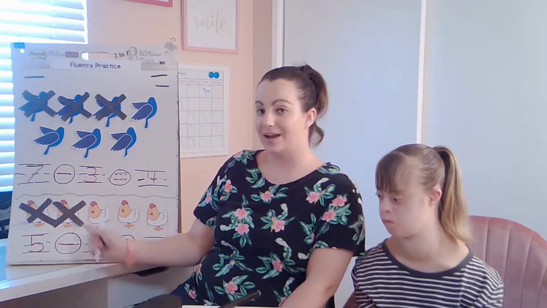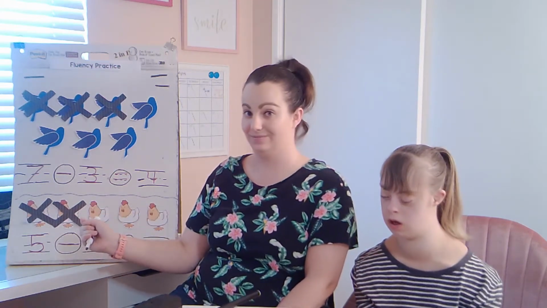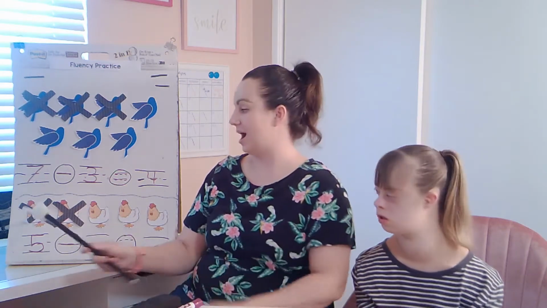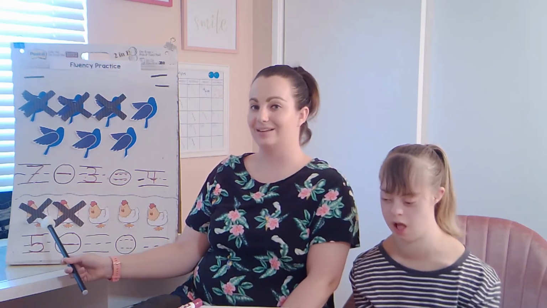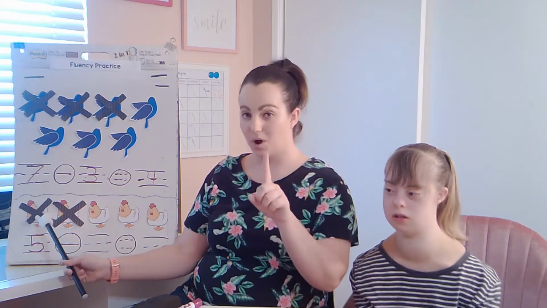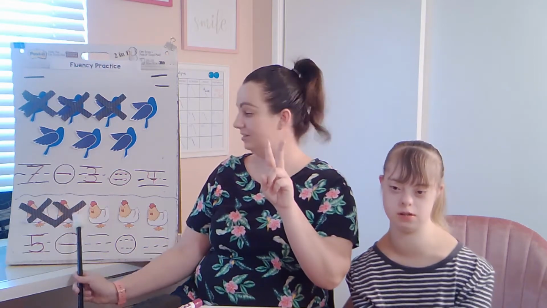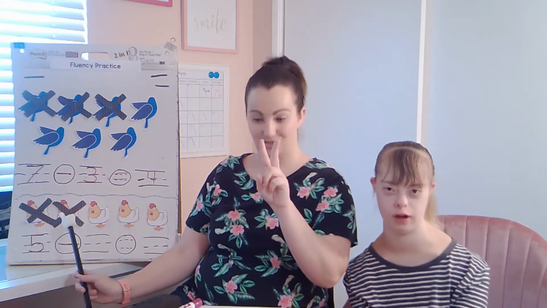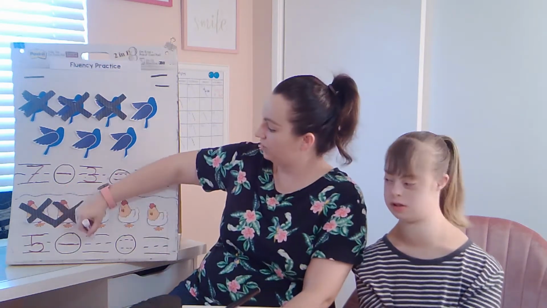Now we need to write how many are X'd out. How many are leaving? Okay? So let's get ready and count together how many we're saying goodbye to. Ready, set, count with me. 1, 2. Good. How many are leaving? I say 2. Very good. So we write 2 right here.